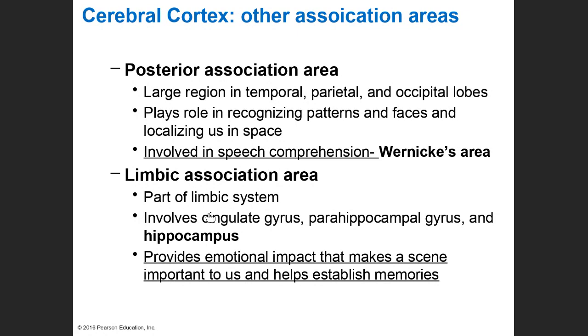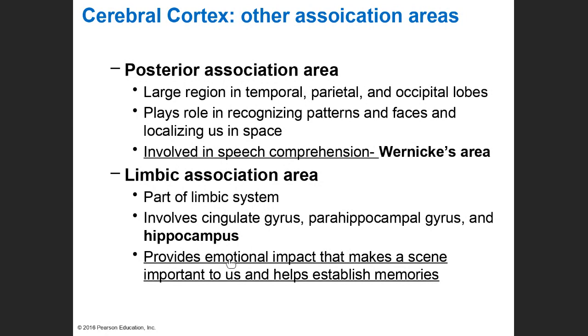Now, also a part of this limbic system is our beloved region known as the hypothalamus. The hypothalamus is also part of the limbic system. You have other areas of the limbic system known as the amygdala. The amygdala is associated with emotion. And this will be on another slide, so don't worry. So the amygdala, which is also part of this limbic system, is associated with emotion, especially emotions like fear, feelings of aggression.